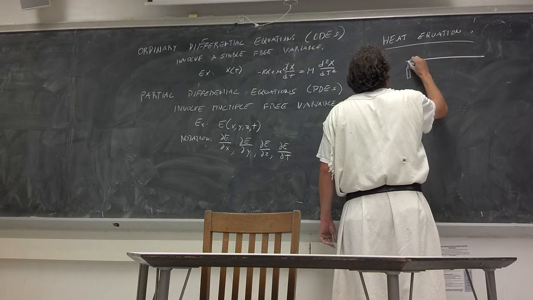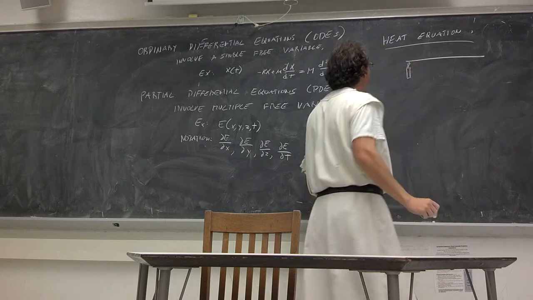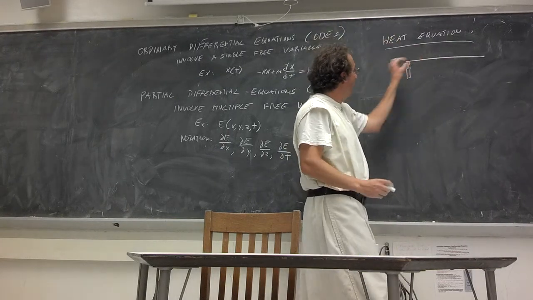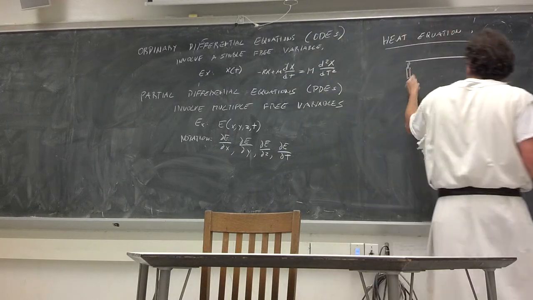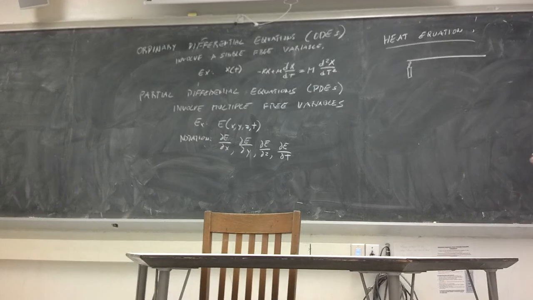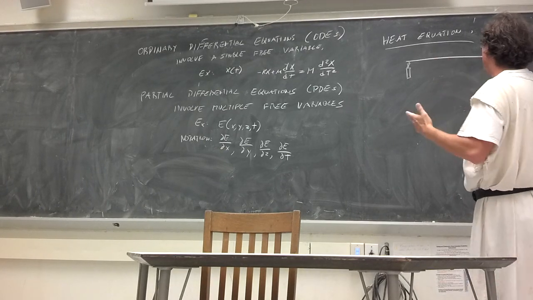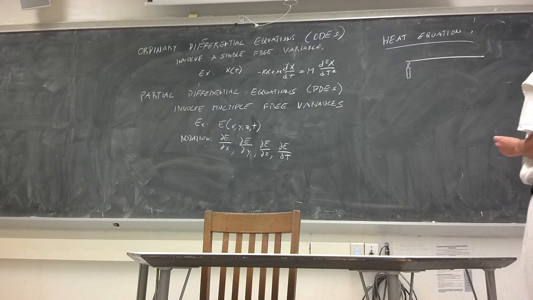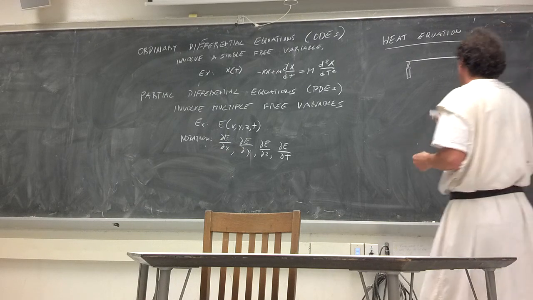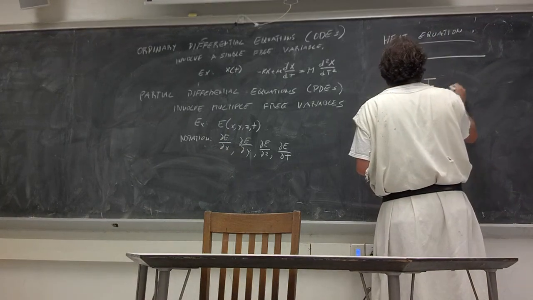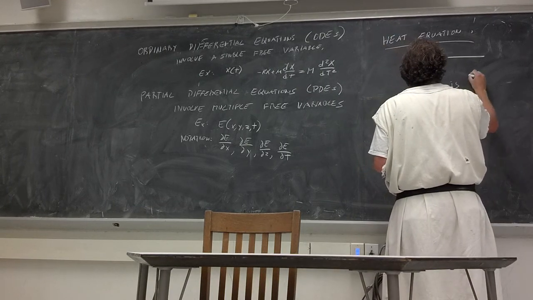Something like a flame, I guess. So we have a metal rod and we light a flame and hold it on one side of the rod and we want to know what the temperature of the rod is. And I guess I'll just call the temperature T. T is temperature.